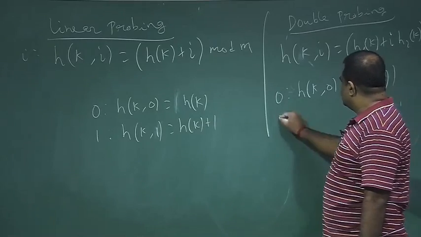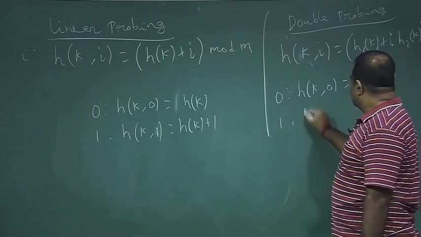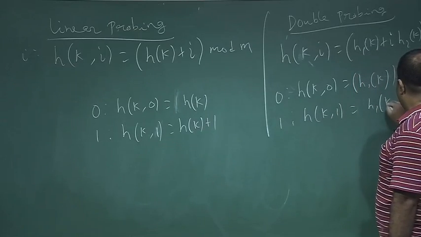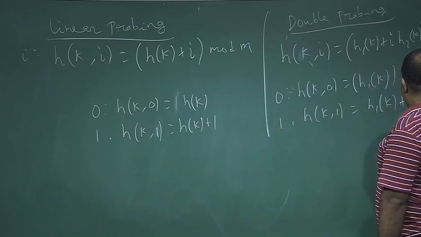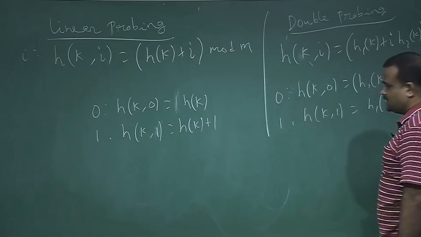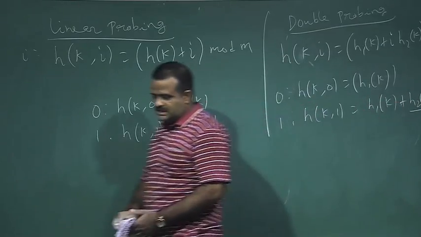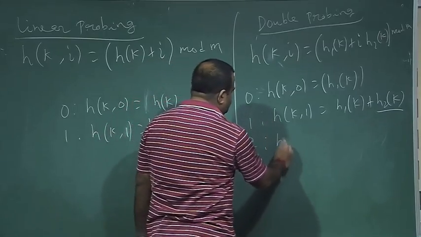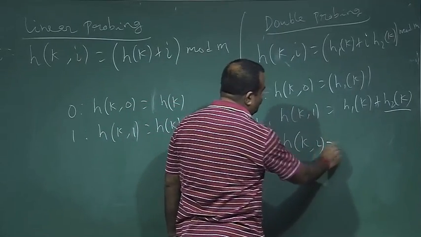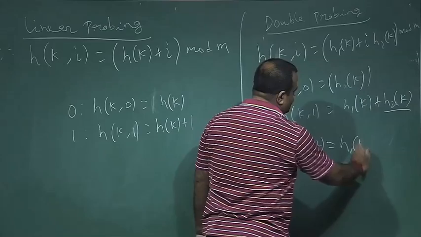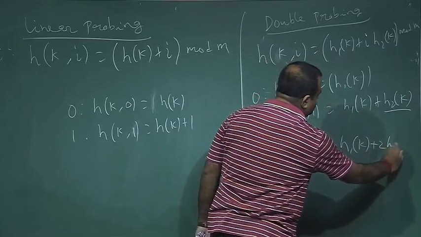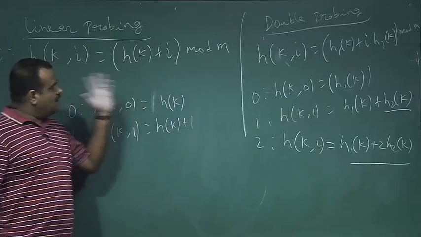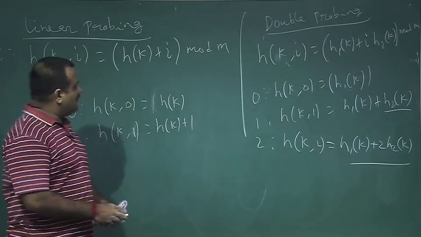If it hits an occupied slot, then we go for the next probe, which is h1 of k plus h2 of k. So we add another hash function, then mod m obviously. Then again, if it hits an occupied slot, we go for the next probe, but we have already calculated these two values, so we just do this mod m and check. This is better than linear probing for avoiding clustering.